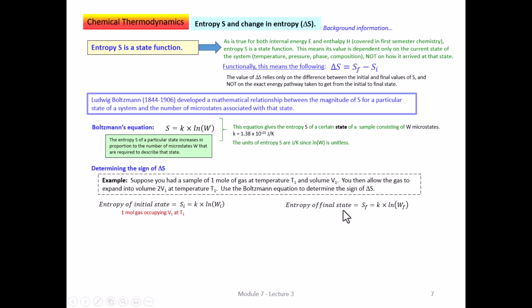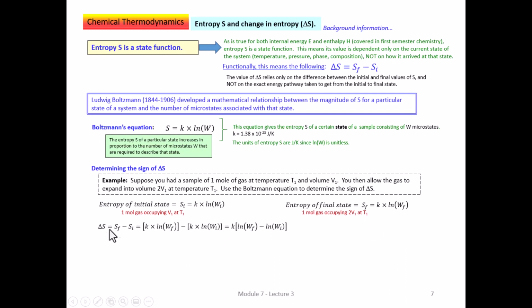The entropy of the final state, S final, would be Boltzmann's constant times the natural log of the number of microstates needed to describe the final state. Remember, the final state has twice the volume of the initial state, but the same temperature.